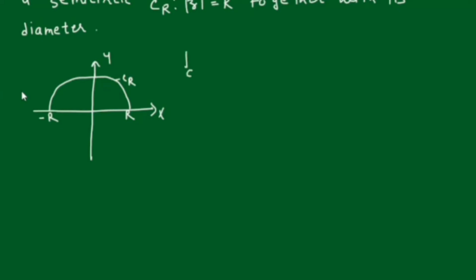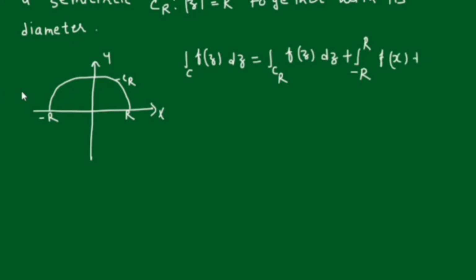So we can write integral along C f(z) dz is equal to integral along CR f(z) dz plus integral from minus r to plus r f(x) dx. It is equation 1.